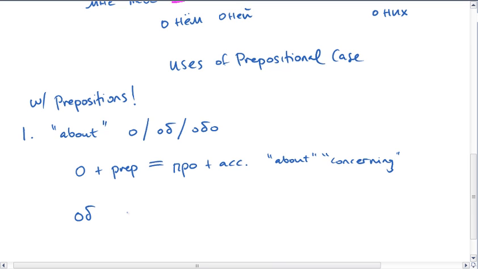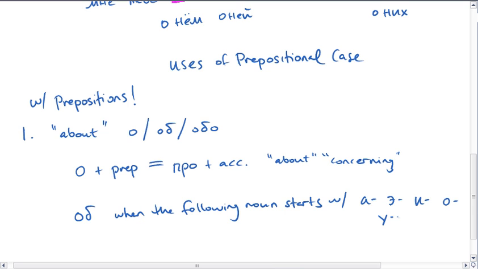We use ob when the following noun starts with a, e, i, o, or u.